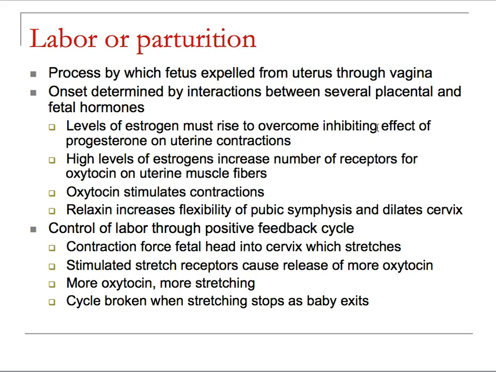They weren't just driving metabolism and all of that. Progesterone was stopping uterine contractions, and now you have more estrogen, so the estrogens now increase the number of oxytocin receptors, and therefore they can now respond to the increasing concentration of oxytocin.